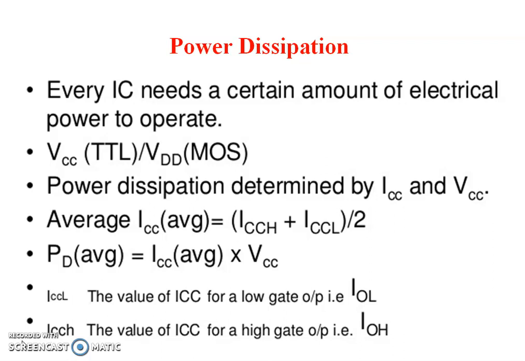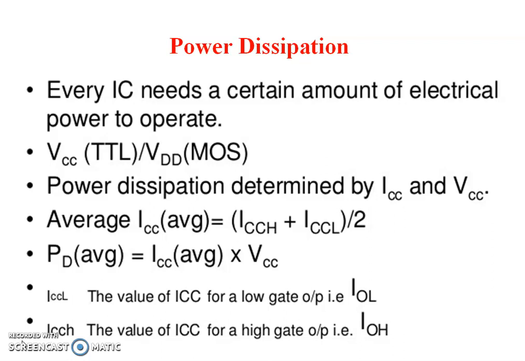We know that every electronic circuit requires a certain amount of power to operate. The formula for power dissipation is VCC into ICC. Power dissipation is determined by the current ICC, which is drawn by the power supply VCC. It means power dissipation equals VCC into ICC.